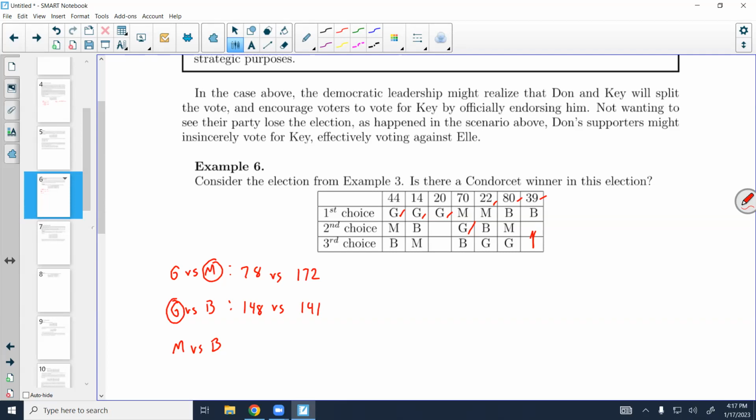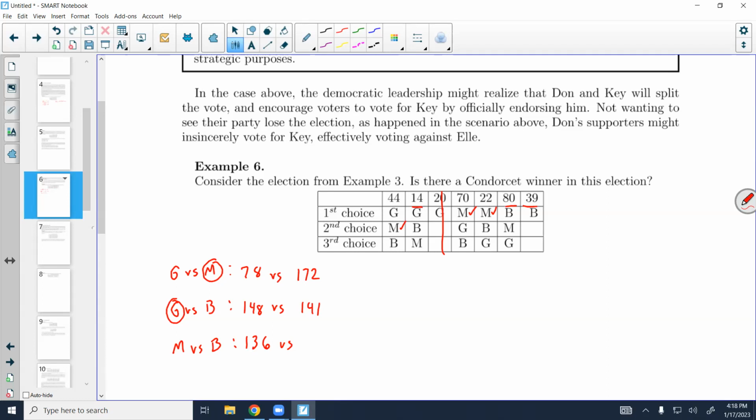Well, we already know G can't be the Condorcet winner because G was not preferred over M. So now let's look at M versus B. So M is preferred here, here, here, none of them here. So what's that, 136? And B is preferred here, here, and here.